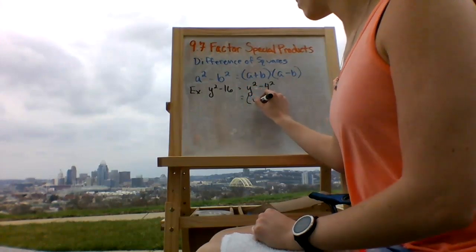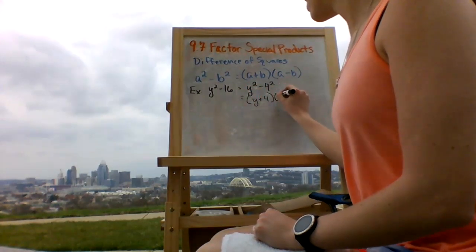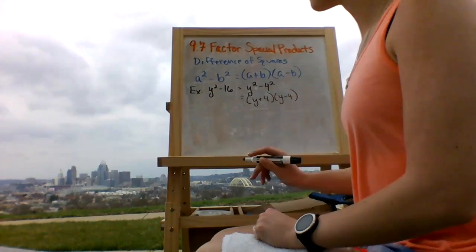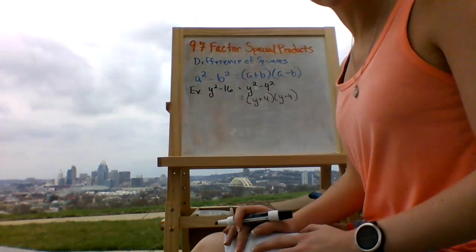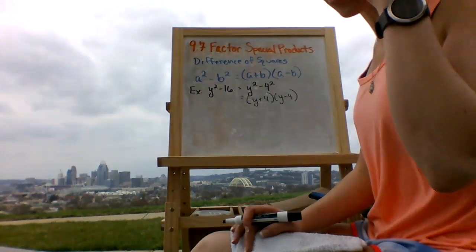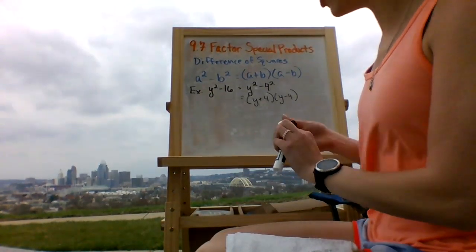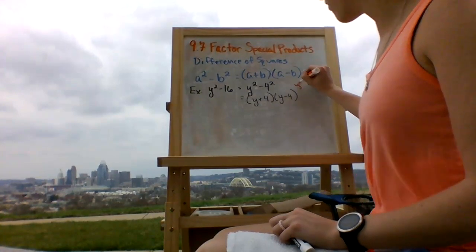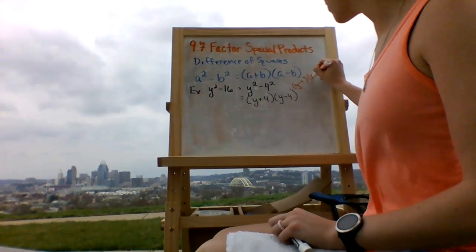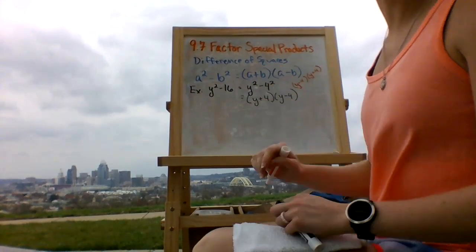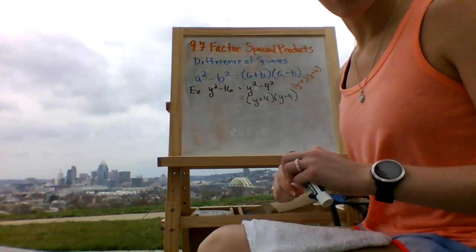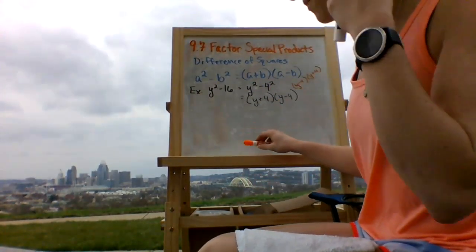So this is going to be y plus 4 times y minus 4. That's all there is to it, just recognizing what is being squared. If instead you wrote y minus 4 times y plus 4 and used your commutative property, that's fine. I sometimes do that interchangeably.